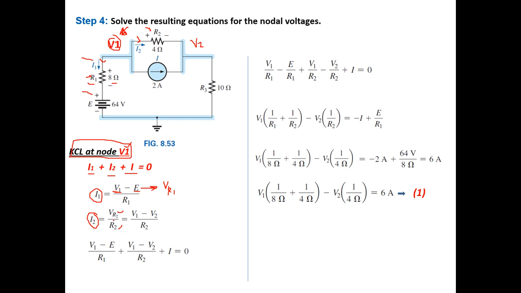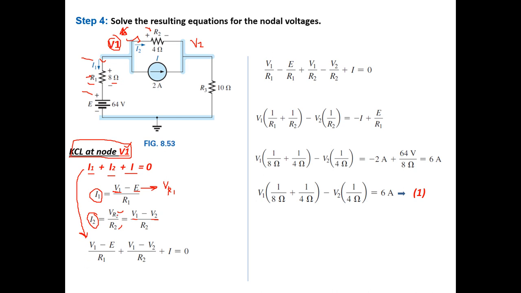What is the voltage drop across R2 here? It's the potential difference between its terminals, between the highest point, which is V1, and the lower point, which is V2. So V1 minus V2.